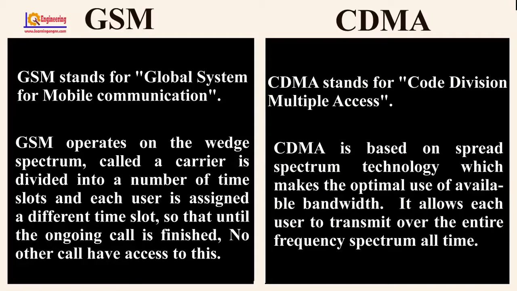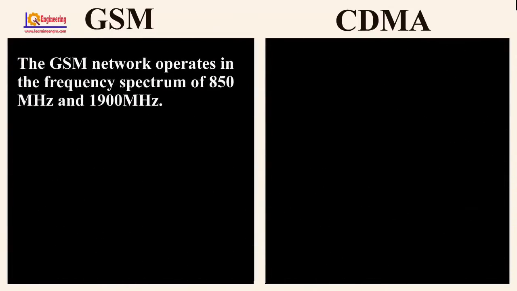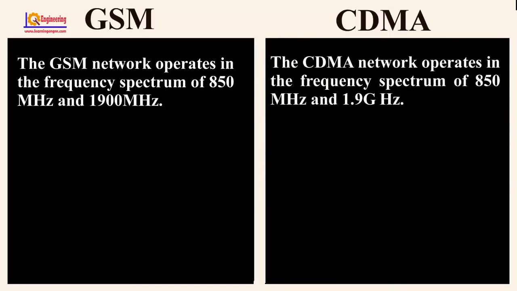It allows each user to transmit over the entire frequency spectrum all the time. The GSM networks operate in the frequency spectrum of 850 MHz and 1900 MHz. The CDMA network operates in the frequency spectrum of 850 MHz and 1.9 GHz.